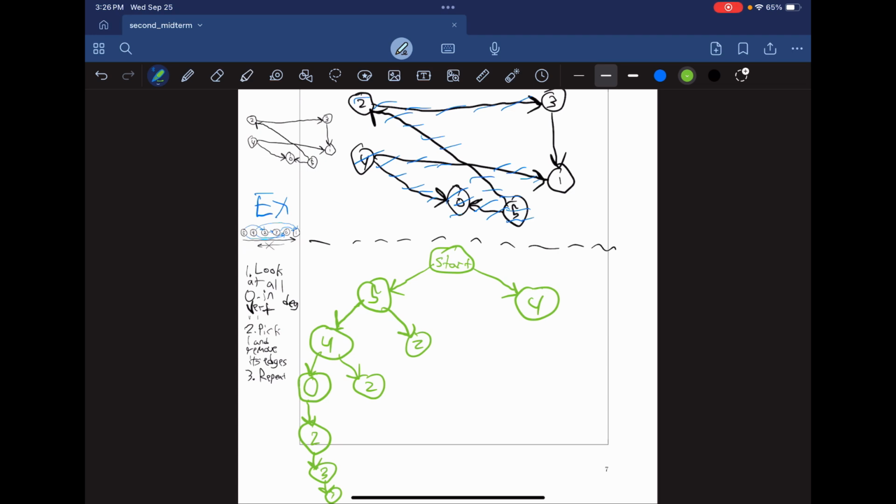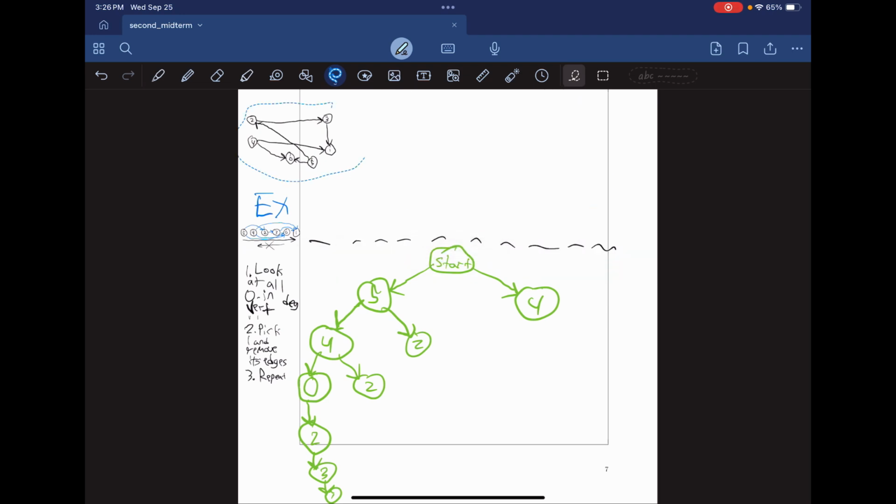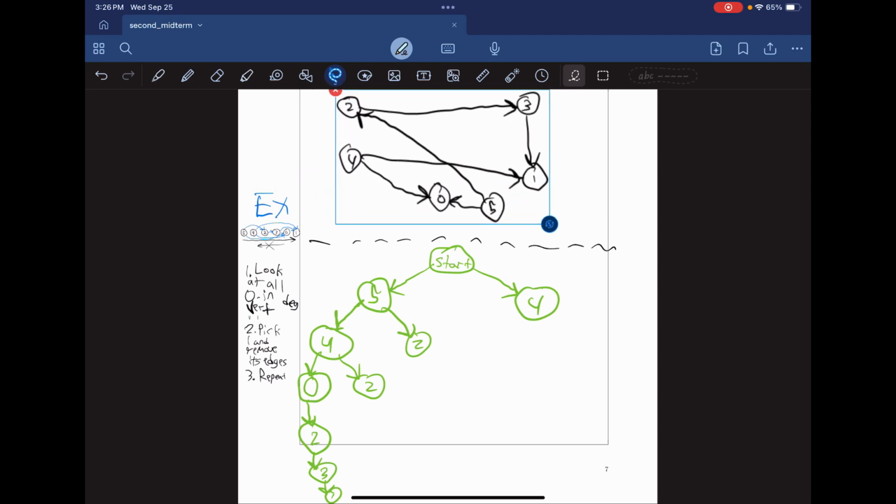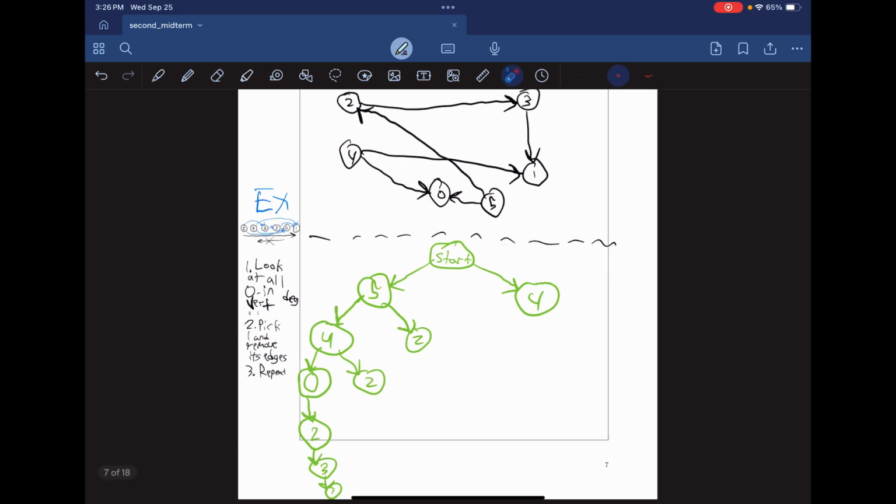So let's backtrack now. Let's look at the scenario in which we went along this path, so we went 5, 4, and then we went 2. Actually, I'm going to write real quick to help us keep track.